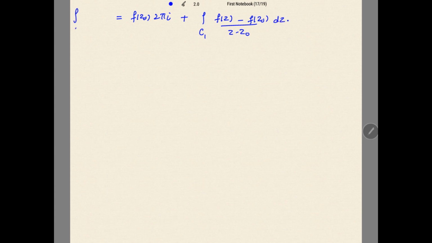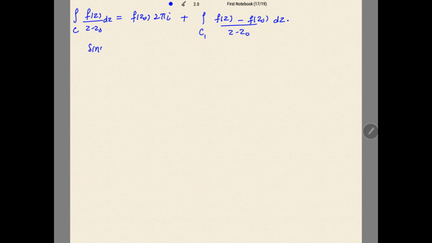This is your integral f of z over z minus z naught dz. Now when this second term removes, or when it tends to 0, we will get our result. Let's check the mod of the second term.